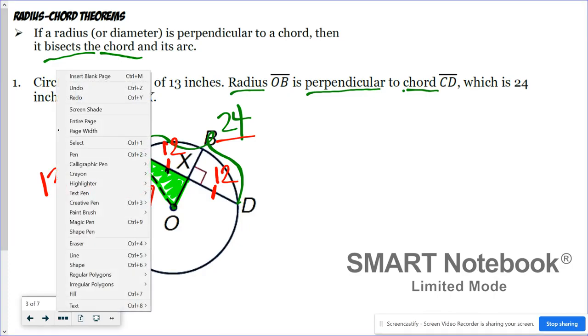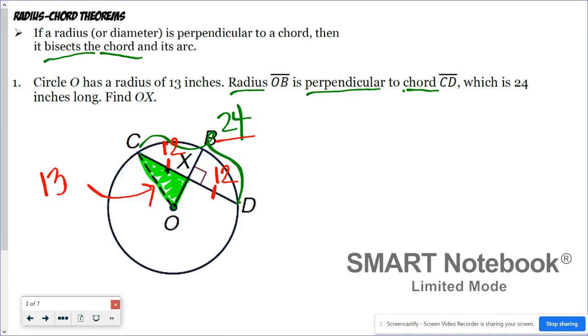Look at what we've got here. That's a right triangle. And as you know, in right triangles, the three sides are related by the Pythagorean theorem. So I can use the Pythagorean theorem to find the length of OX, because I have a right triangle and I know one of the sides is 12 inches long and the hypotenuse is 13. X squared plus 12 squared is 13 squared.